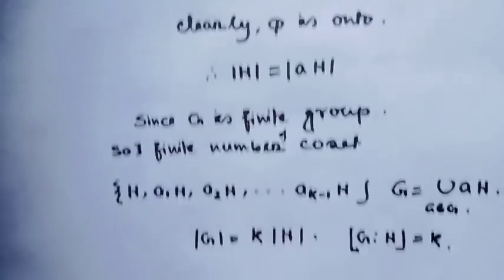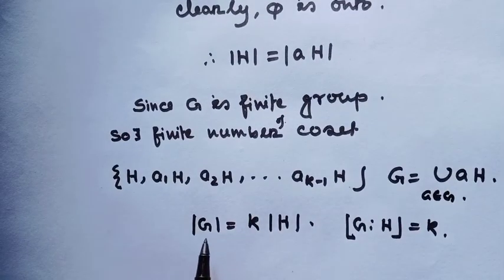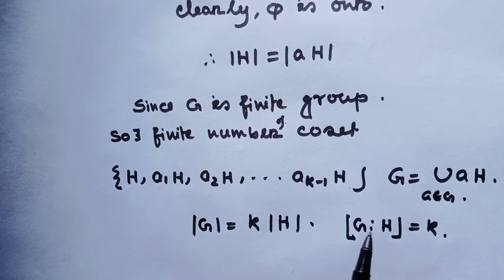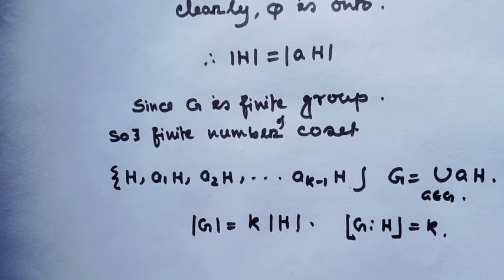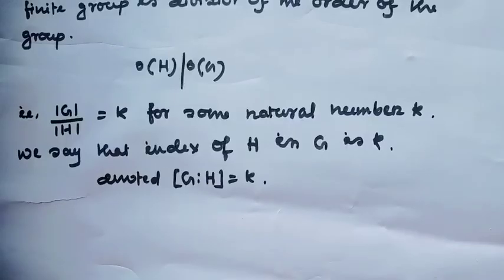Then clearly the order of G equals k times the order of H. That means the index of H in G equals k. That means there exist k left cosets. Okay? Our proof is done.